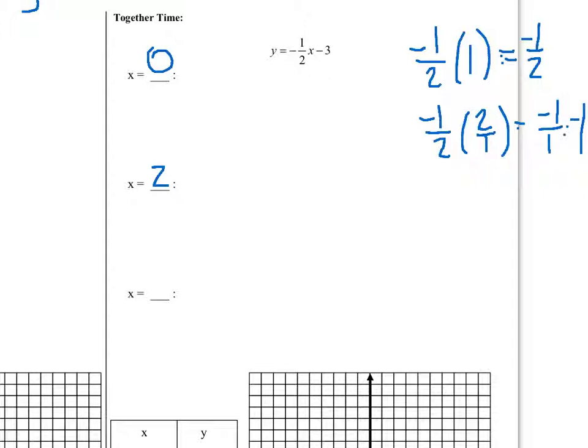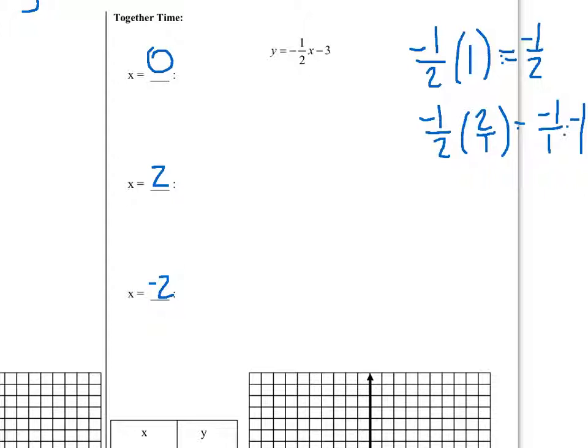Instead of 2, I'm going to choose negative 2. What other values do you think would still be good, though? Marlon. Any even number, any multiple of 2, so 4, 6. All of these things are going to give us whole numbers when we multiply by 1/2.